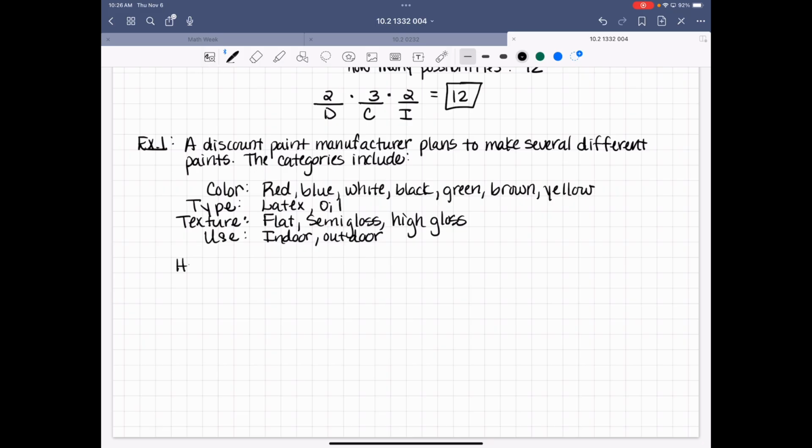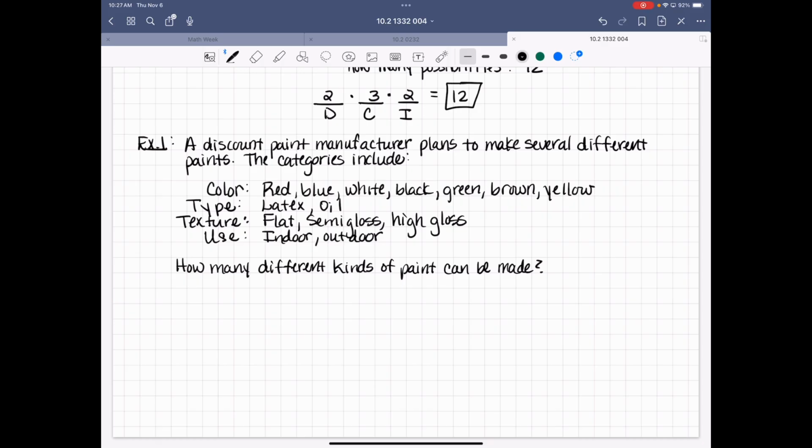Question is, how many different kinds of paint can be made? Okay?